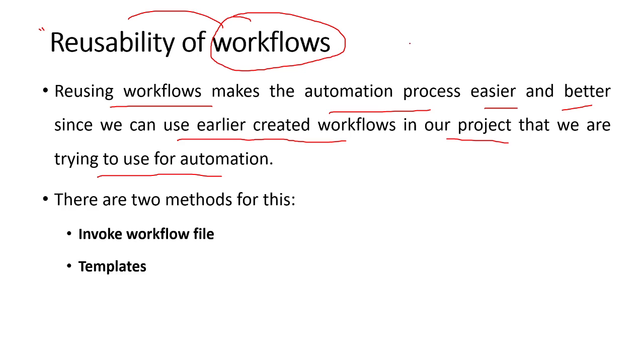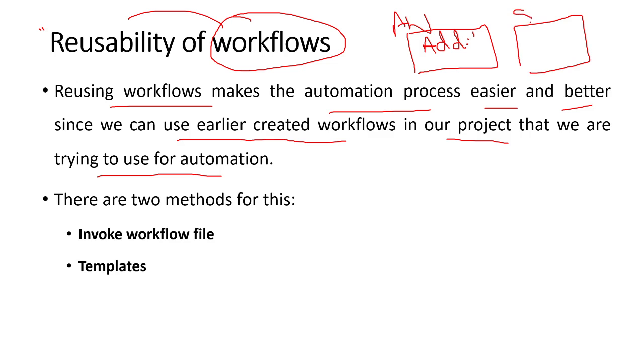Suppose assume that there is already a workflow which is doing addition of two numbers. We shall call it the addition workflow, and let us assume there is also another workflow called the subtraction workflow, which will subtract two numbers.